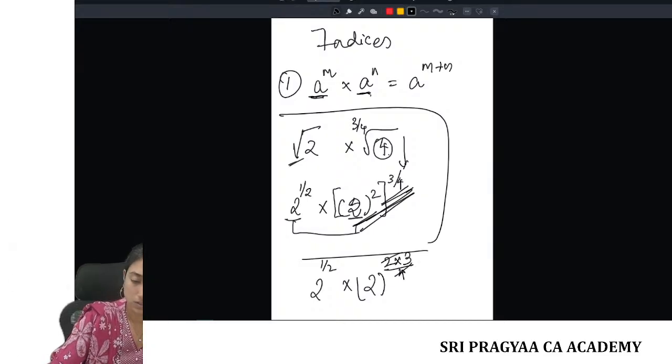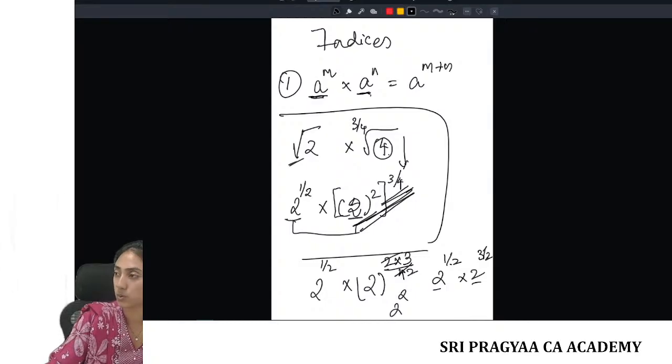So which is 3 by 2. So 1 by 2 into 3 by 2. Now my base is the same, so can I add the powers? 1 by 2 plus 3 by 2 is 4 by 2, which is 2. So my answer will be 4.